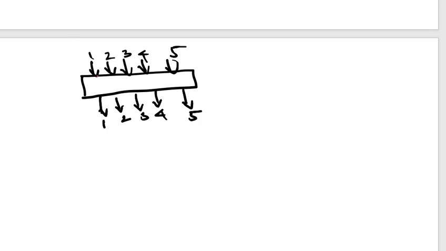The first will go to the fourth position, the second to the first position, the third to the fifth position, the fourth to the third, and the fifth to the second. So we are rearranging the positions. This is the straight D box.